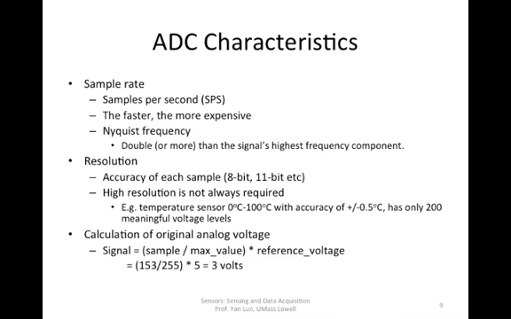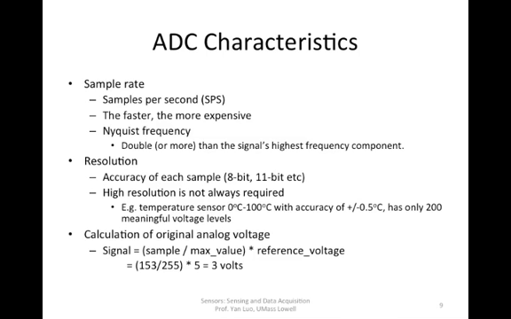To understand this, let's look at this example. Let's say you have a temperature sensor that goes from 0 degrees C to 100 degrees C with an accuracy of plus minus 0.5 degrees C. That means the temperature sensor really has these 200 steps in terms of the accuracy. If you divide 100 by 0.5, you get 200 steps.